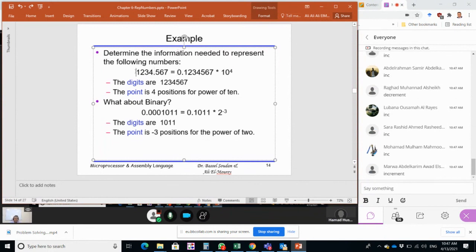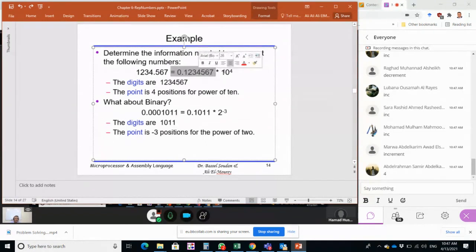If I want to represent this in floating point, or what you call scientific notation, I am shifting the decimal point how many places to the left? 4 places. This automatically raises the number to 10 to the power of 4.